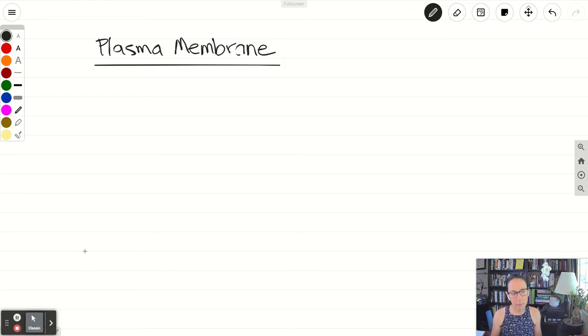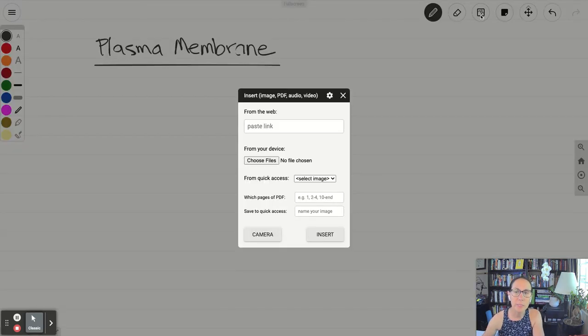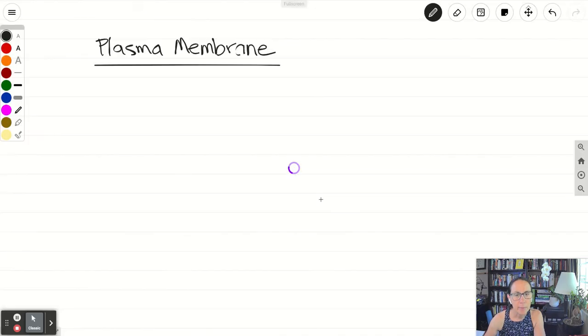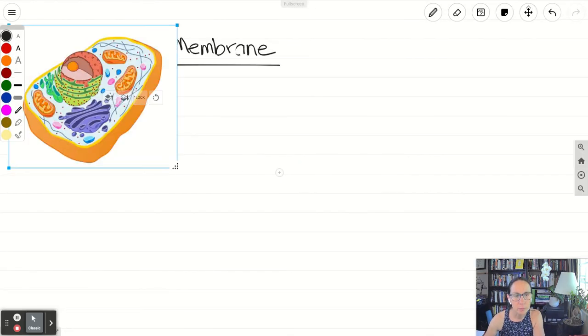Okay, so what I would like to do is go through all the components of the plasma membrane and talk about each one, okay? So there are three major components in the plasma membrane. And so I'm going to pull in a picture of a cell first so you know what we're talking about. We saw this picture in another video.